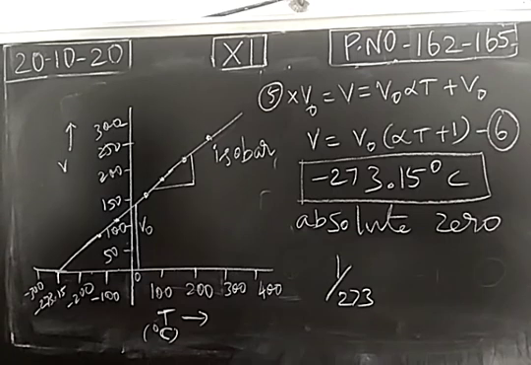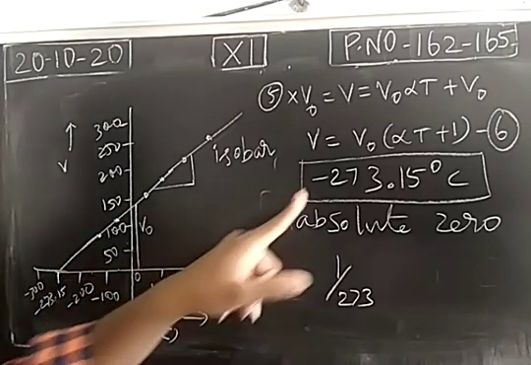Then the increase in volume of a gas for 1 degree rise of temperature, alpha, is equal to 1 by v0 delta v by delta t. All these you have to know thoroughly. Next, the coefficient of expansion calculated by Charles is 1 by 273. So he said that the volume increase for every 1 degree rise of temperature will be in terms of 1 by 273. Then the straight line is extrapolated.